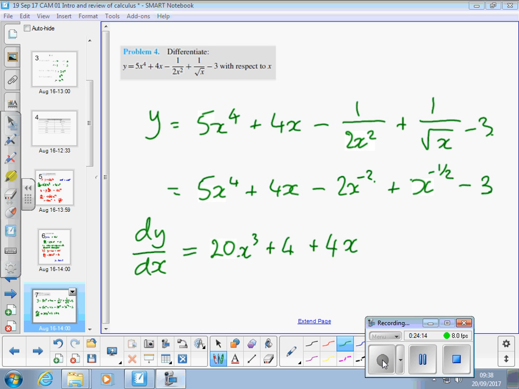X to the minus 3, minus a half x to the minus 3 over 2, and then the constant on the end disappears.